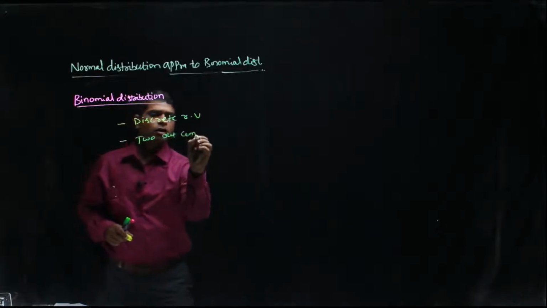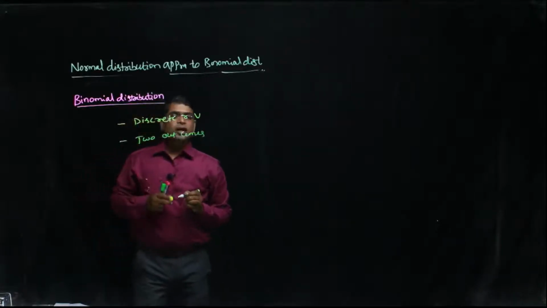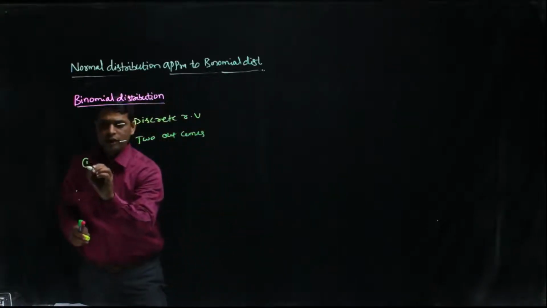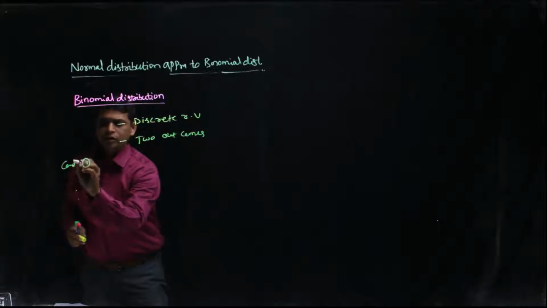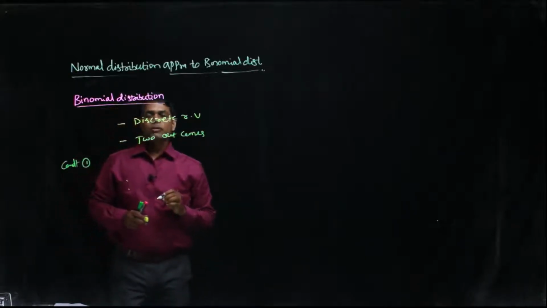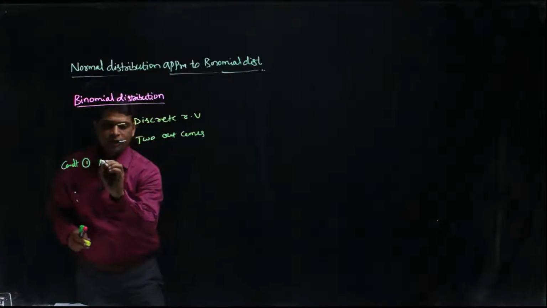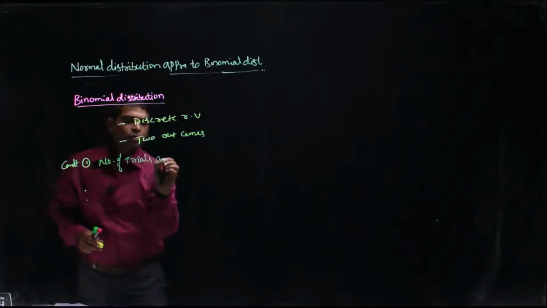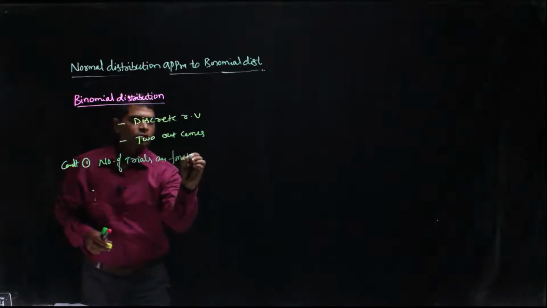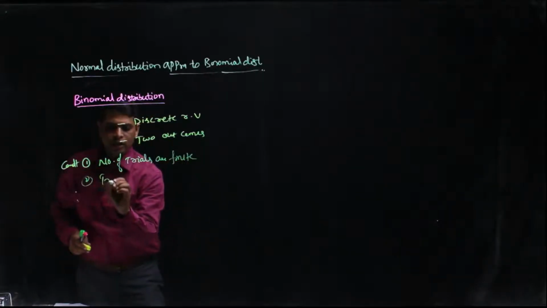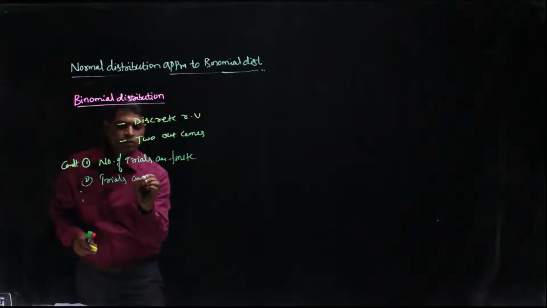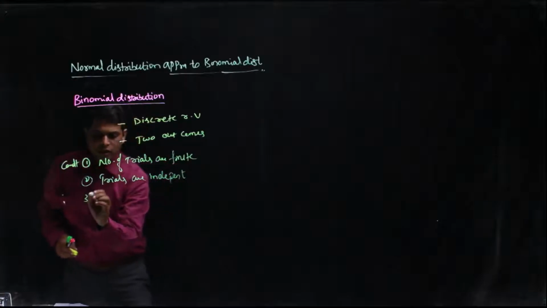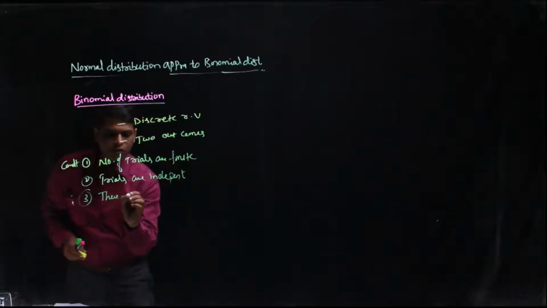When you apply the binomial distribution, it must satisfy some conditions. First condition: the number of trials is finite. Second: the trials are independent. Third: there are only two possible outcomes.